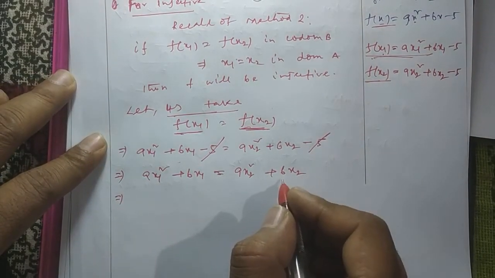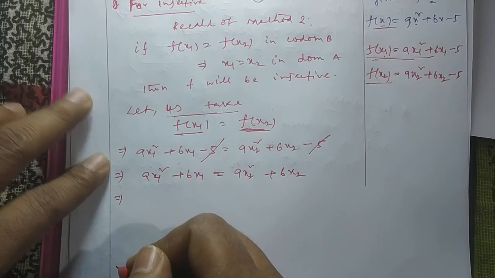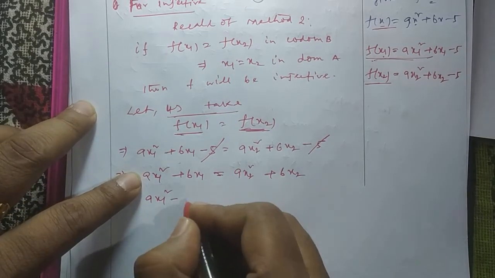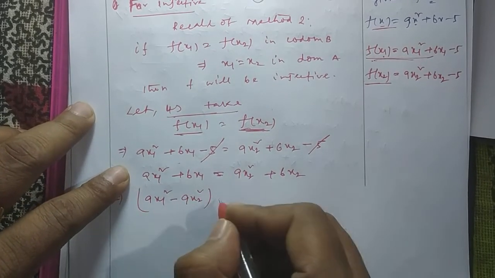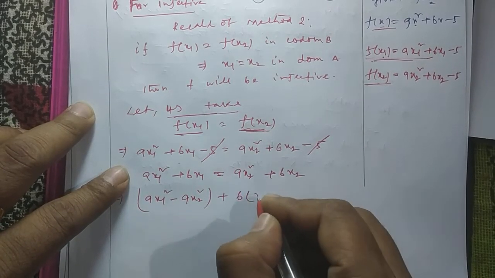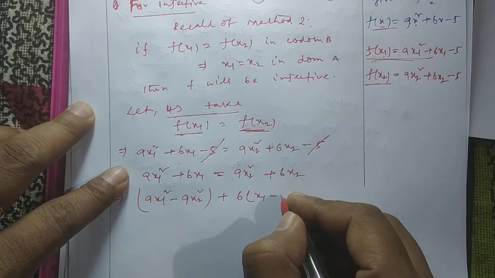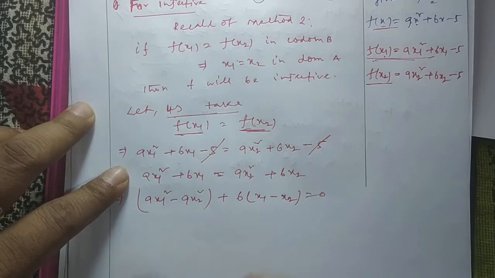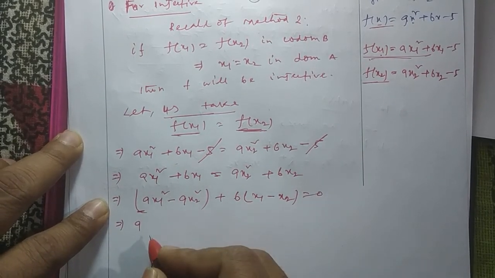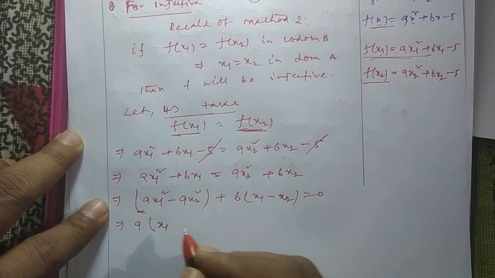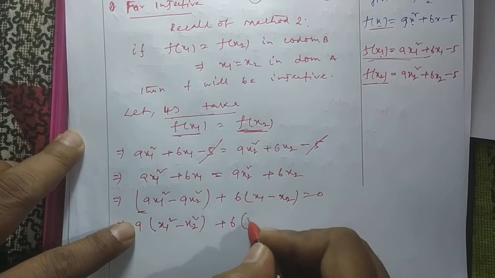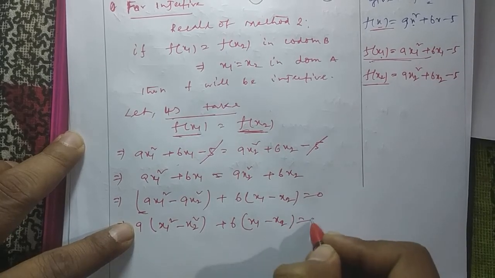Now let us bring all the terms to the left hand side. It will become 9x1 square minus 9x2 square plus 6, taking 6 common, (x1 minus x2), correct, equal to 0. Here you can also take 9 common. It will become 9 into (x1 square minus x2 square) plus 6 into (x1 minus x2) equal to 0, correct.